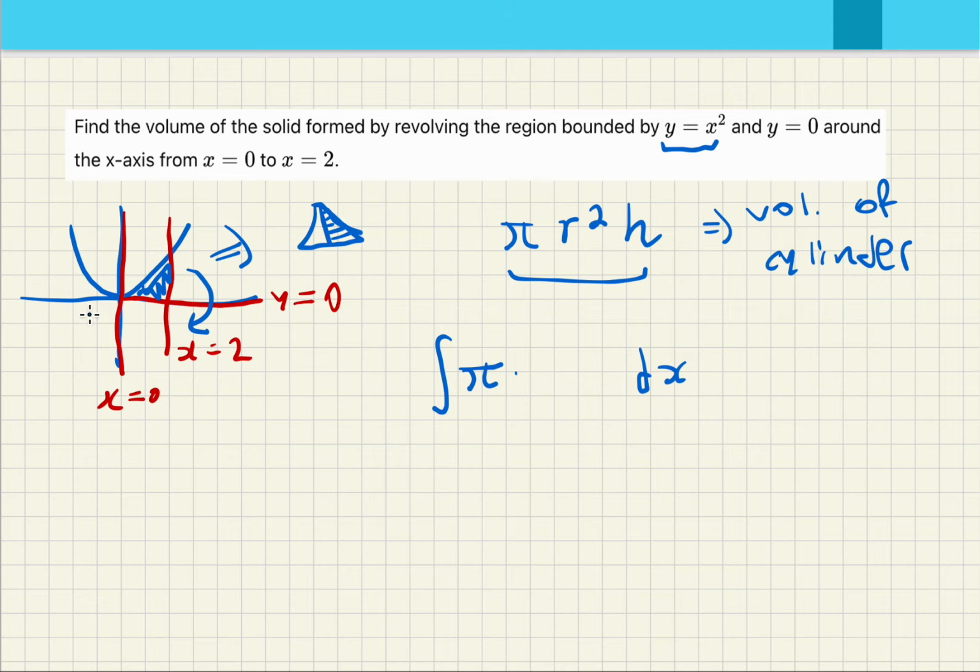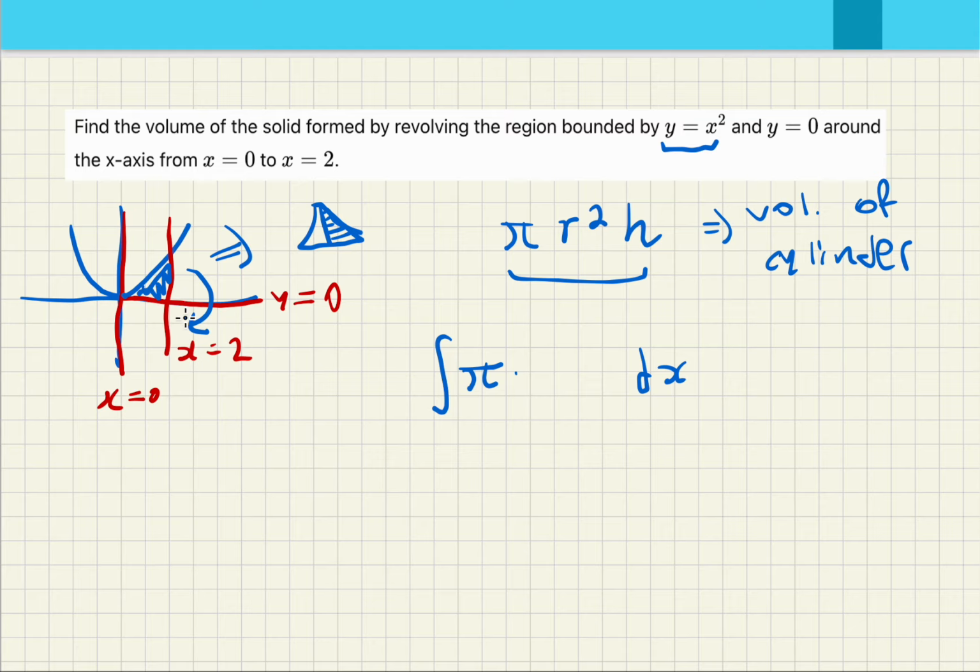So the radius is always going to be this equation, y equals x squared. Because when we plug in 0, for example, y equals 0 squared, we get 0. So at this point, this is where x equals 0. Y equals 0 there as well. So the radius is 0. And so when we increase the value of x, y increases as well. And so that is our radius.